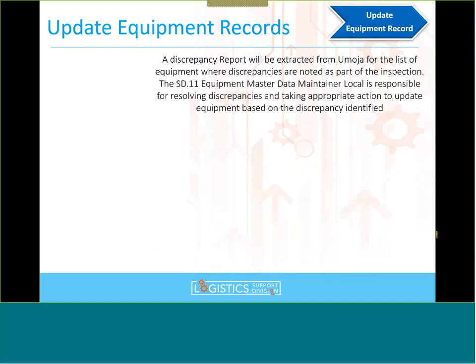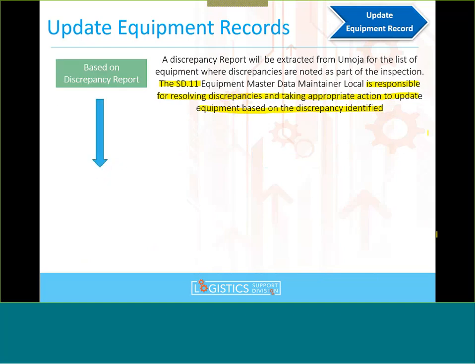Again, as we know, the discrepancy report will be extracted from Umoja for the list of equipment where discrepancies are noted as part of the inspection. Now, the SD11 is responsible for resolving discrepancies and taking appropriate action to update equipment based on the discrepancy identified. So that has to be clear.